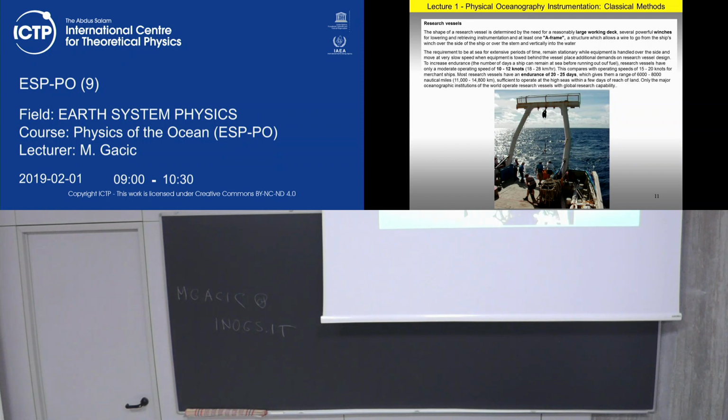So the ship has to be autonomous, not for 6 months, because it passes by ports, but 4 months at least should be autonomous from various points of view, food and so forth. As you can see, 20 to 25 days, and it should be sufficient to operate at high seas within a few days of reach of land. Only the major oceanography institutions in the world operate research vessels with global research capability.